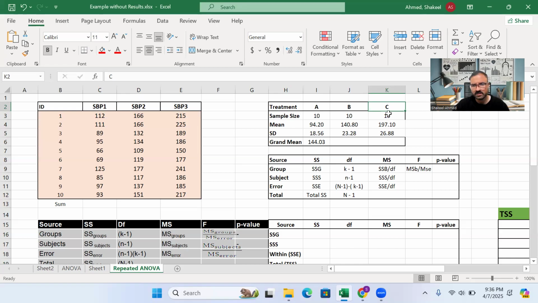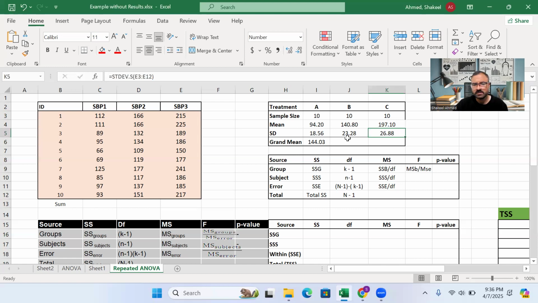We have a total of 10 individuals, but we have 30 observations. Each individual was measured three times.